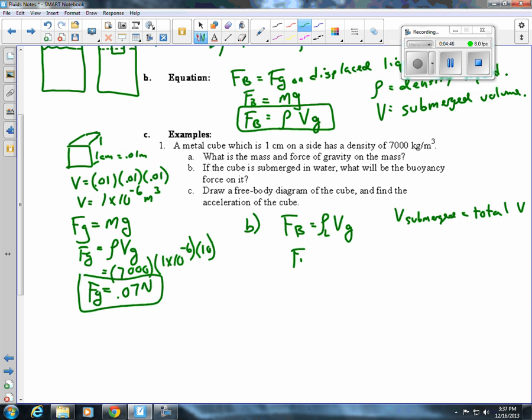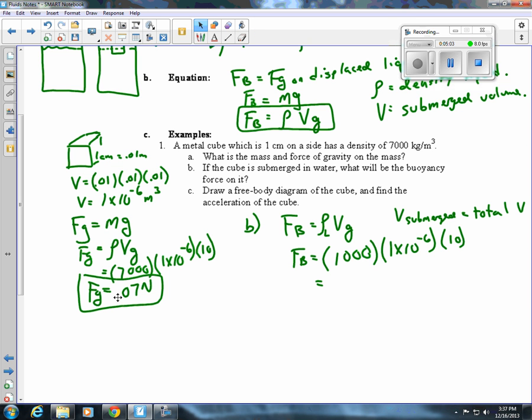So now, F_B is going to equal the density of the liquid. It's water, so we know that's 1,000. The volume is 1 times 10 to the minus 6, so the entire cube is submerged, and then g is 10. And that's going to give us 0.01 newtons for the force of buoyancy.